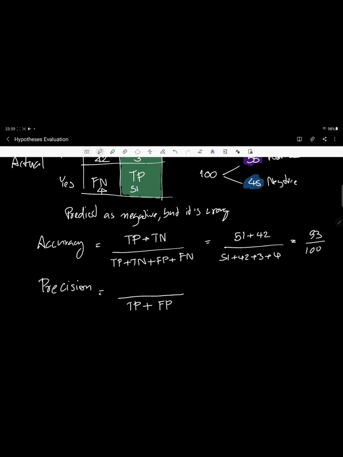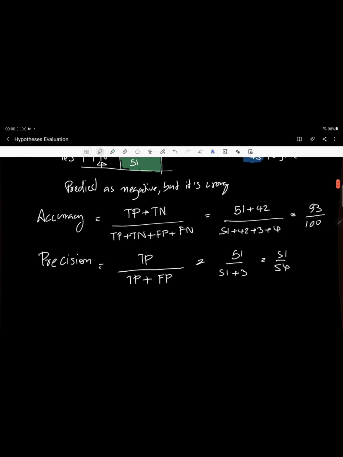This is the part that you predict as positive. And this part is the number of true positive. So it will be 51 divided by 51 plus 3. So it is 51 by 54. This one is the precision.